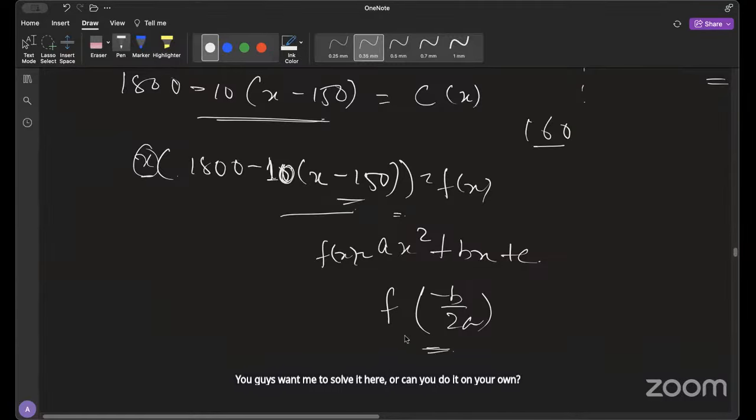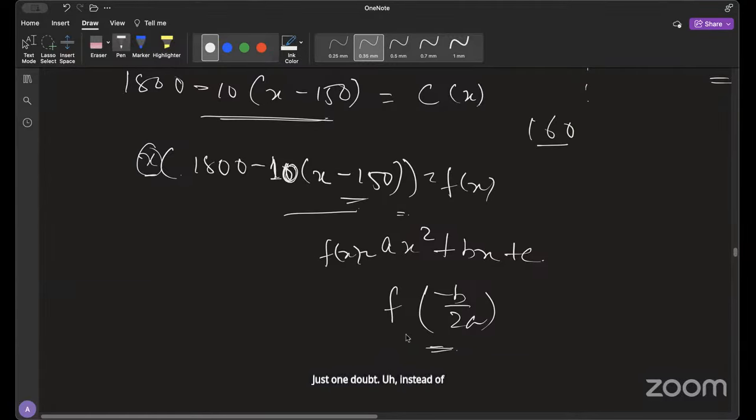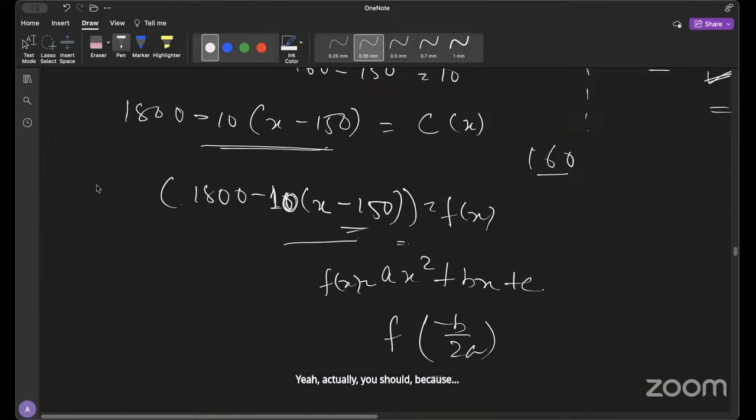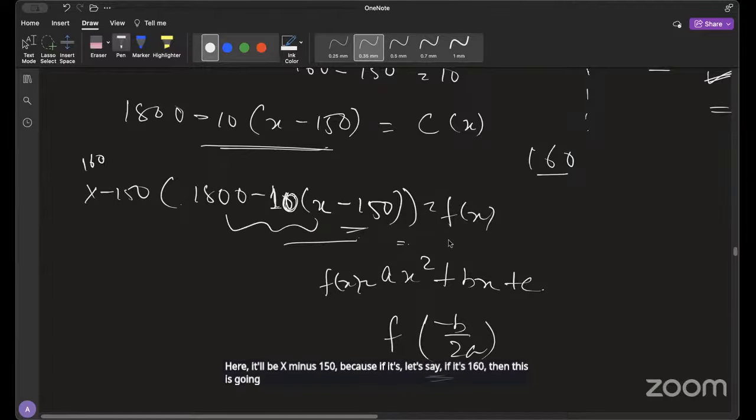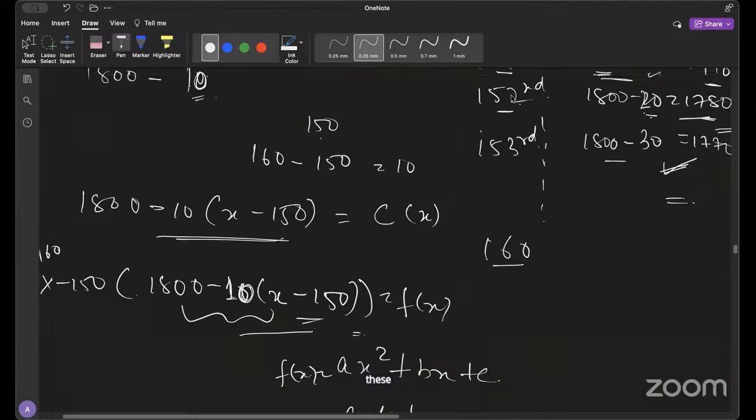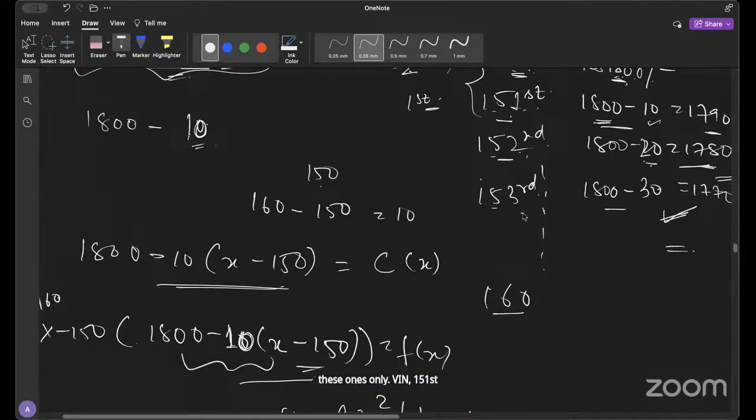Just one doubt. Instead of x, it will be x minus 150, right? Okay, one second. Yeah, actually you should, because here it will be x minus 150, because let's say if it's 160, then this is going to hold for these ones only, the 151st, 152nd, 153rd.